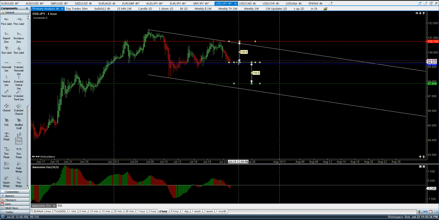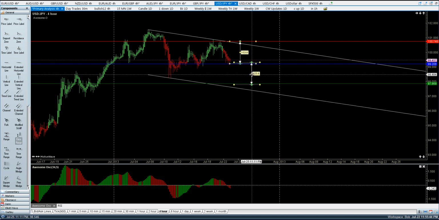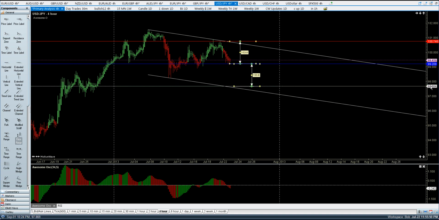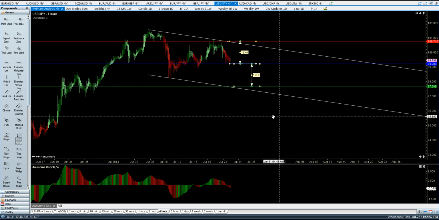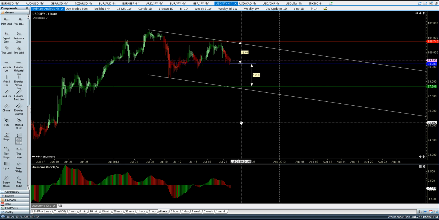Therefore, our targets. Better yet, back to the bottom of the channel. So, 153.8 pips.